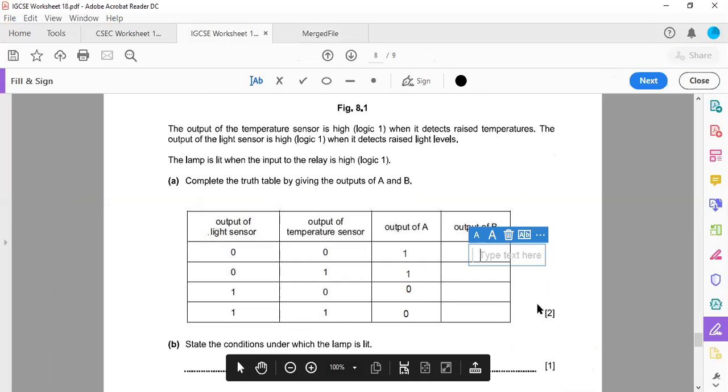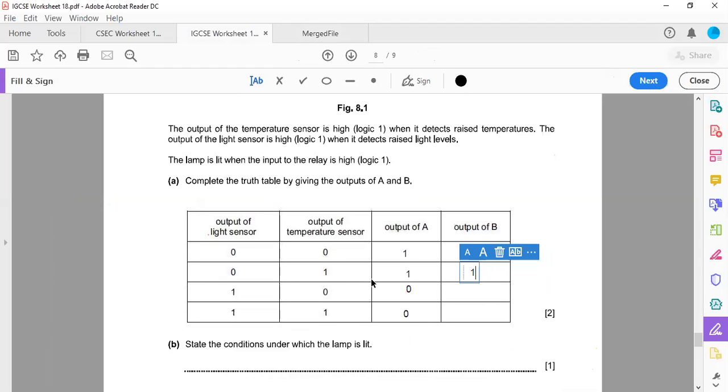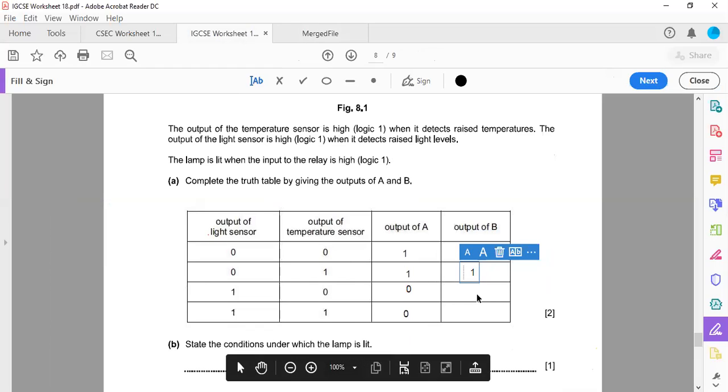So we're looking to see when all of them are 1, between the temperature sensor and the output E here. So if here is 1, because here and the second row between two columns here is 1, then the output is going to be 1. Everything else is going to remain as 0 because it is an AND gate.